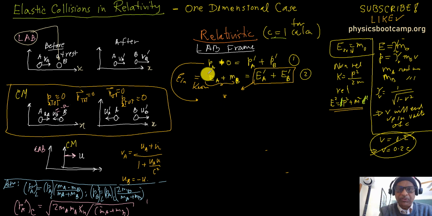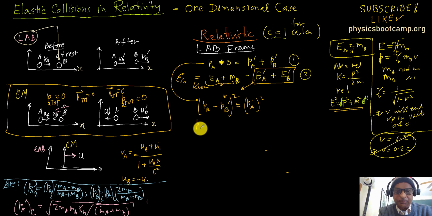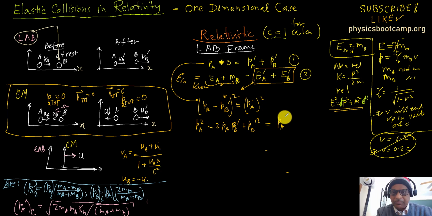Just like we did for the non-relativistic case, let's say P_A minus P_B prime equals P_A prime. Leave this on the other side and square it. What are we going to get? P_A squared minus 2 P_A P_B prime plus P_B prime squared equals P_A prime squared. Now P_A prime squared is E squared minus M squared.